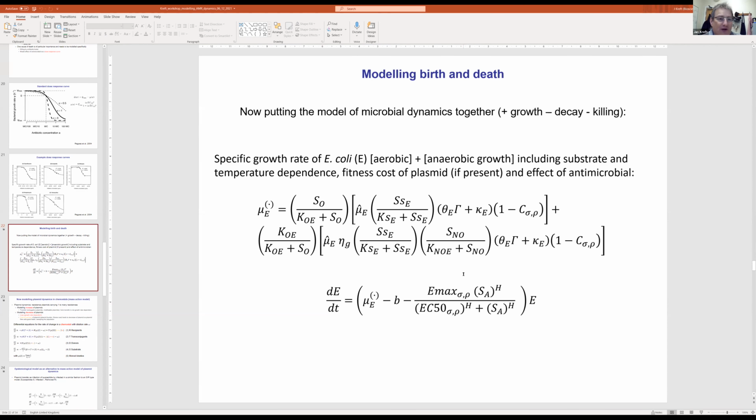There are lots of parameters that can be measured. All of these parameters can be measured, and measurements have been done for a number of systems, but of course a particular bacterial community will have different parameters than another.